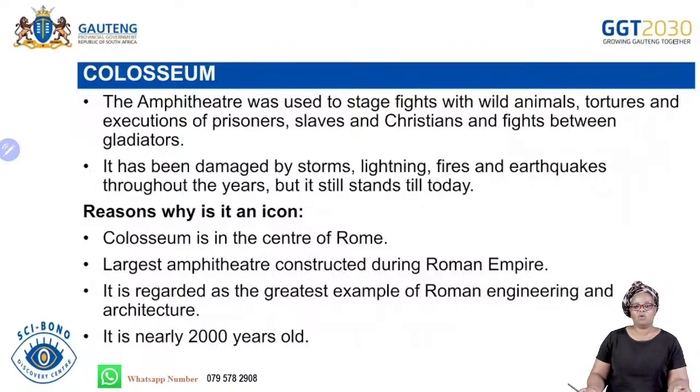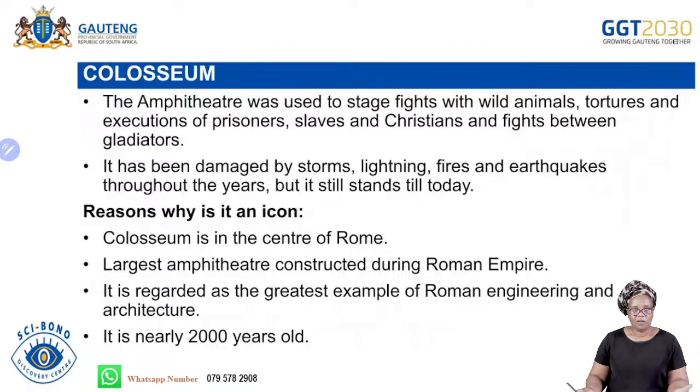And there were fights also, don't forget this. There were fights also which were happening in the Colosseum, in this amphitheater, between the gladiators. The gladiators will be fighting each other until one of them loses their life.